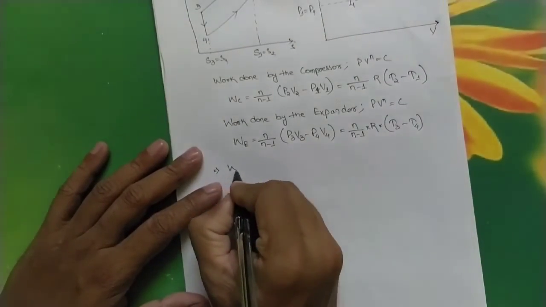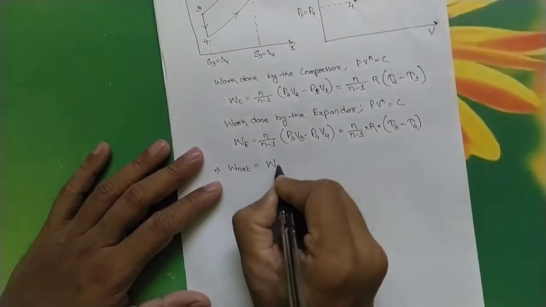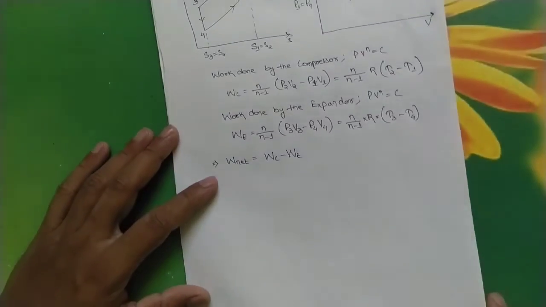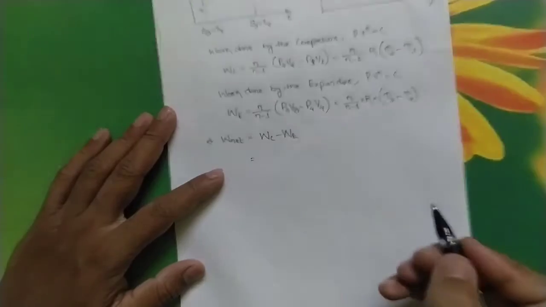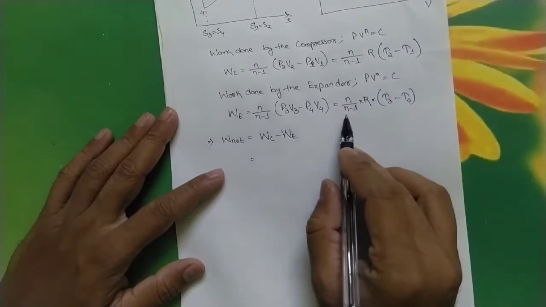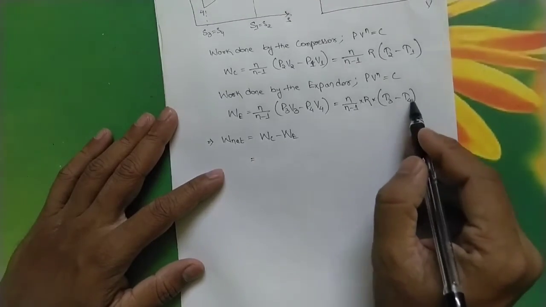We require the net work done. W net will be equal to work of compressor minus work of expander. So work of compressor is n by n minus 1 R (T2 minus T1), and work of expander is n by n minus 1 into R (T3 minus T4).